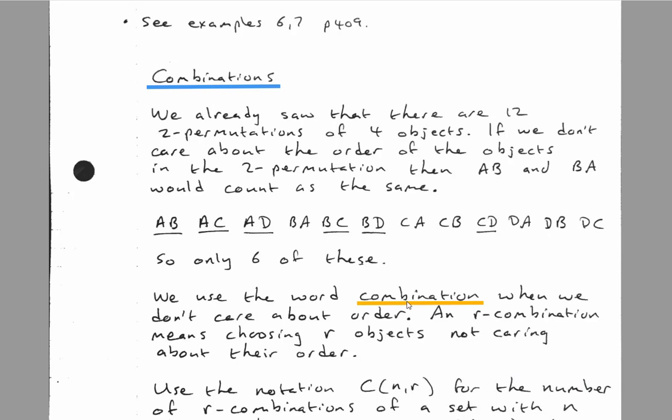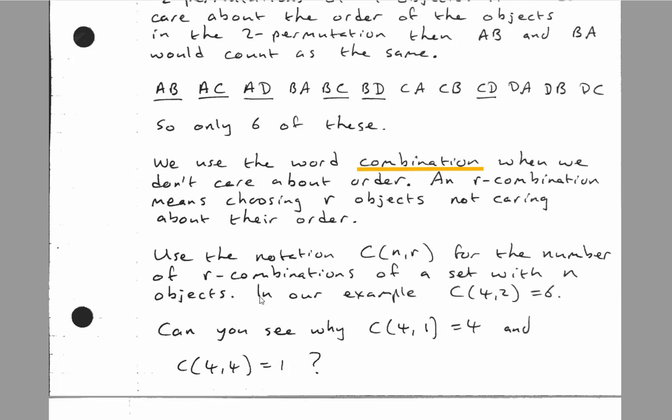And we use the word combination when we don't care about the order. So an R combination means choosing R objects and not caring about their order. We're using C's for our notation here: C(n,r).